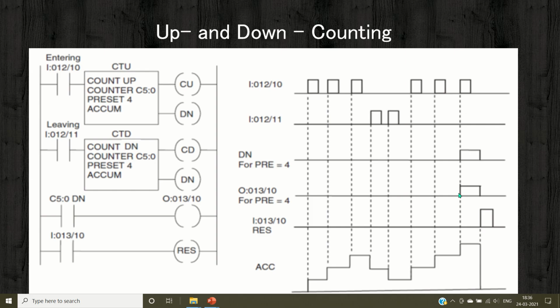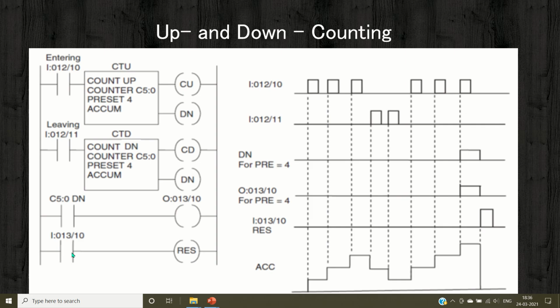Whenever the done bit becomes high, the output will definitely become high, because whatever contact we are using is associated with the done bit of these counters. Now this done bit is given to the output coil 01310. And finally, when everything is over, the NO contact associated with this output coil is given to the reset button.